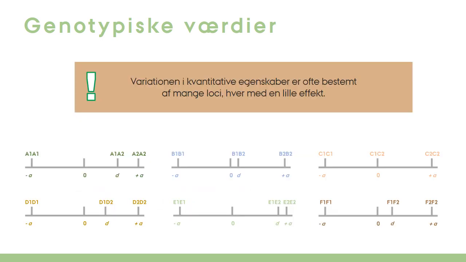Now the key message that I want you to take home from this part 2 of the lecture is that variation in quantitative traits is often determined by many different loci, and each of them has a small effect. And when I say small effect, what do I mean by this effect? I mean that, like you see here below, you see 6 loci, and each locus has its own dominance effect and its own additive genetic effect.